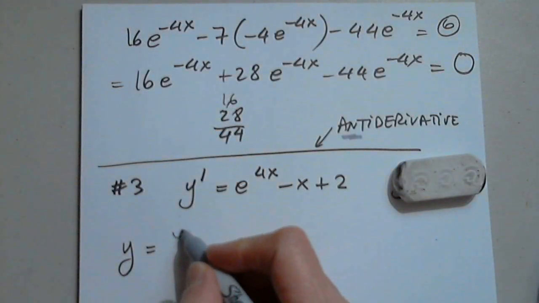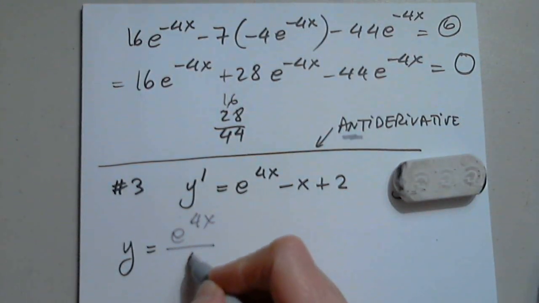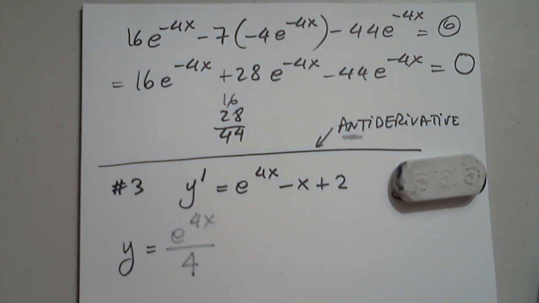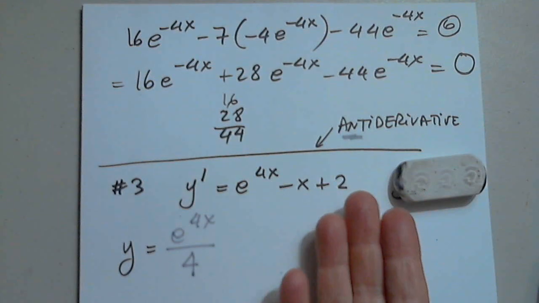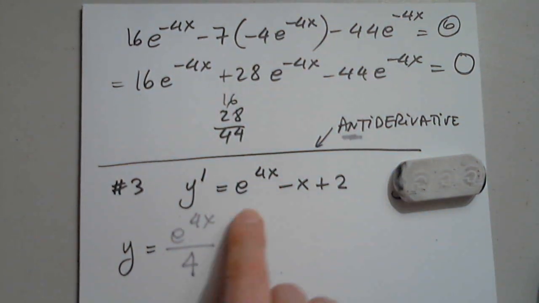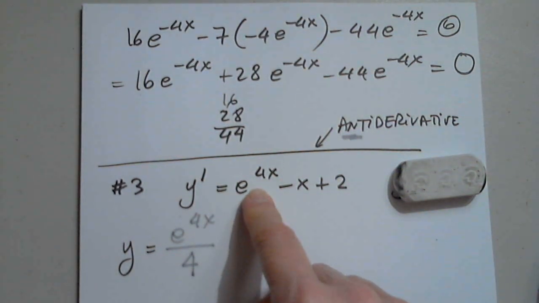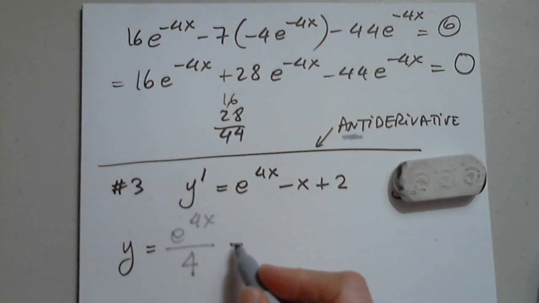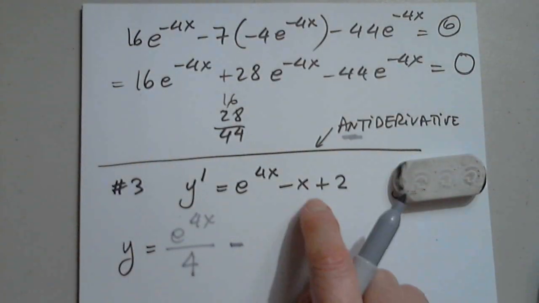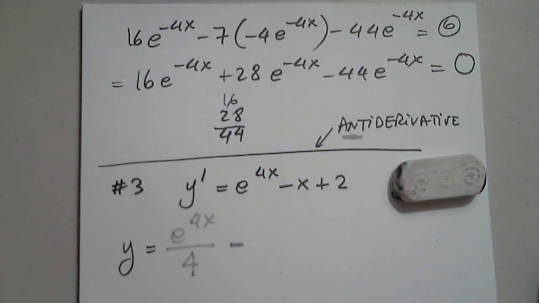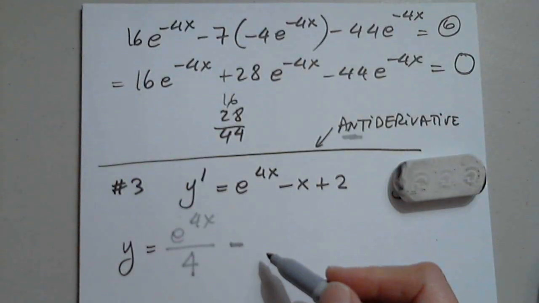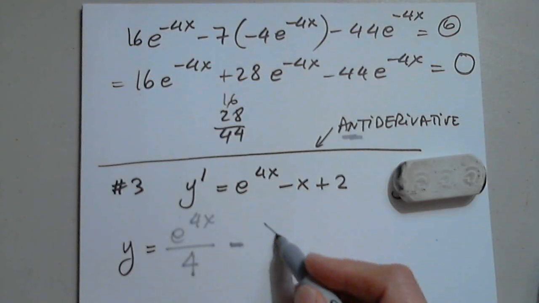So remember what we did. It was e to 4x divided by 4. How come? Well, when I differentiate e to 4x, I get e to 4x times 4. And the two 4's go away, and I get this. Minus. Which function do I differentiate to get x? That we remember for sure. X squared over 2.